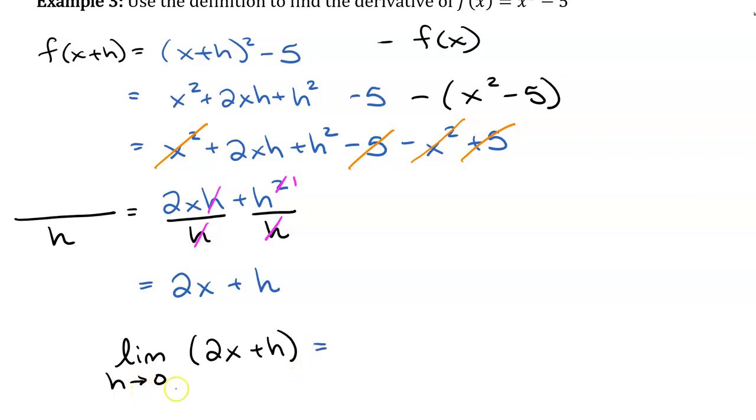So 2x isn't going anywhere, and the limit as h approaches 0 would just be 0. So that gives us 2x. And this is our derivative. So you have the derivative as an equation, and you also have the derivative at points, individual points.